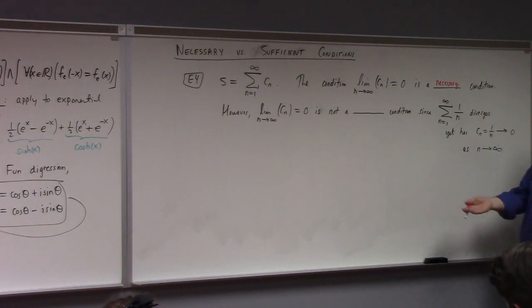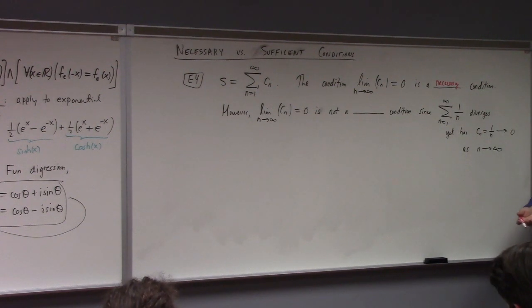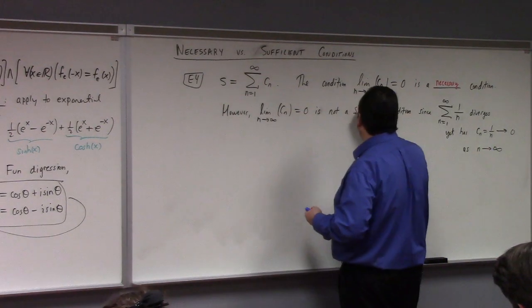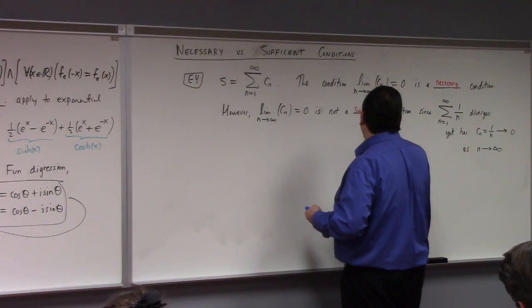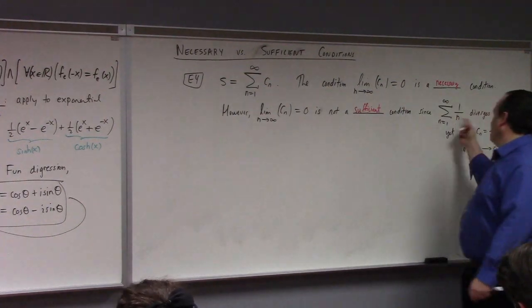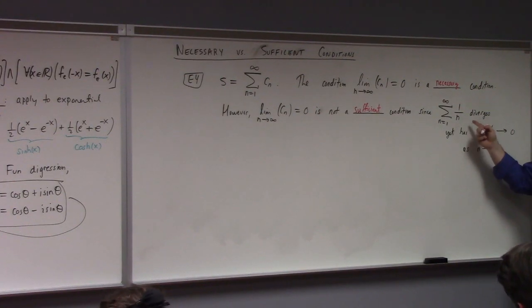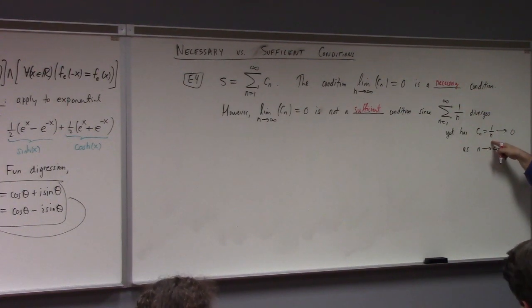However, it's not sufficient to guarantee convergence. It's not a sufficient condition because we have this example: the harmonic series diverges despite the fact that it has terms which go to 0.